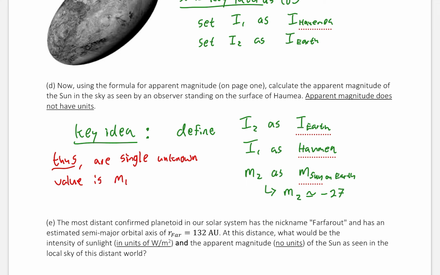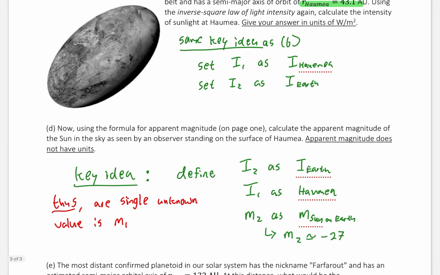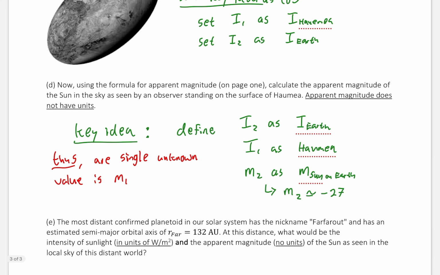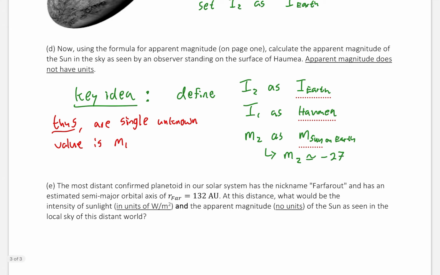And since all ones are associated with Haumea, just like all twos are associated with the Earth, or the sun as seen on Earth, well, that's what we're solving for. We're solving for the apparent magnitude of the sun as you would see it if you were an astronaut standing on the surface of Haumea, this strange, ellipsoidal-shaped dwarf planet. Okay. And then we are all good to go.